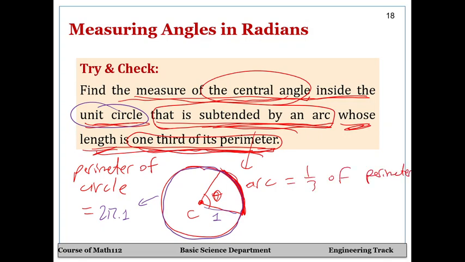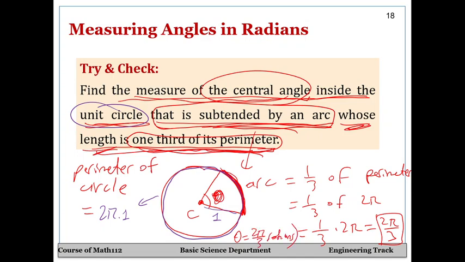So how do you find it? How do you find the 1/3 of 2 pi? You multiply 1 over 3 with 2 pi, so it will be 2 pi over 3. Then what's the arc length? Arc length is 2 pi over 3. Now what can you say about theta then? In this case, theta is also equal to 2 pi over 3 radians, because of the arc length.